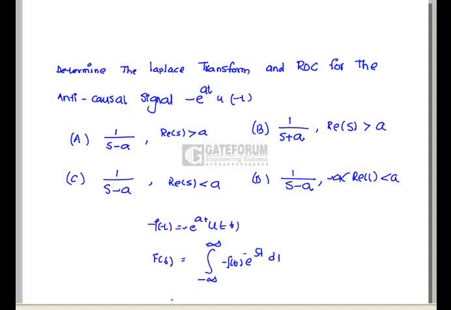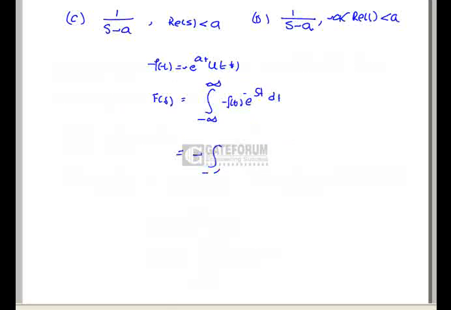So minus infinity to infinity e power at u of minus t e power minus st dt. Here minus infinity to 0, e power a minus s t dt.